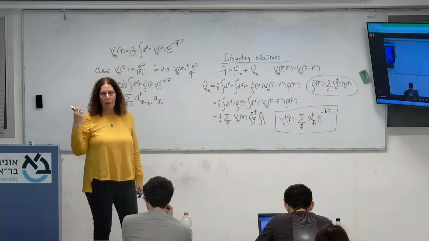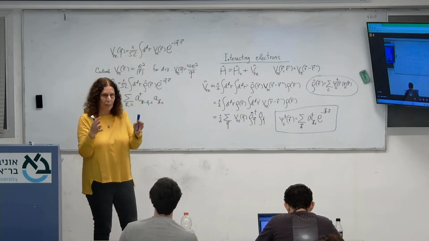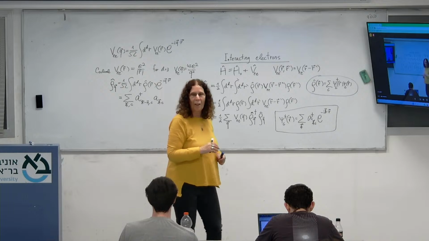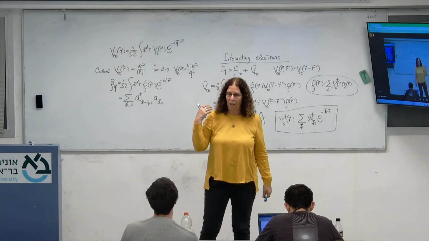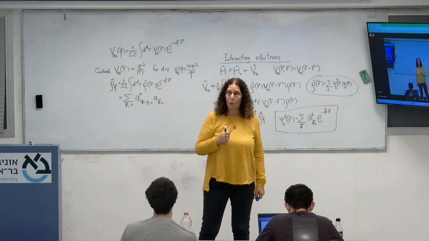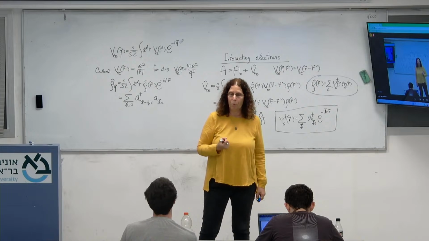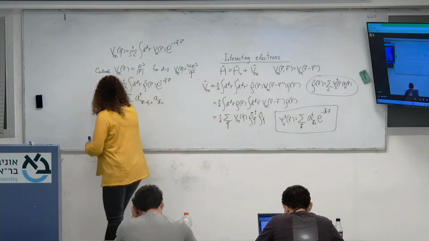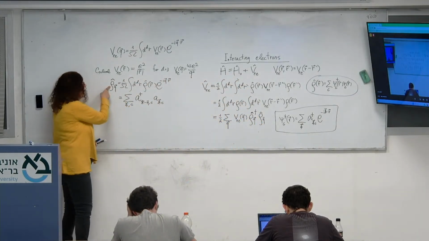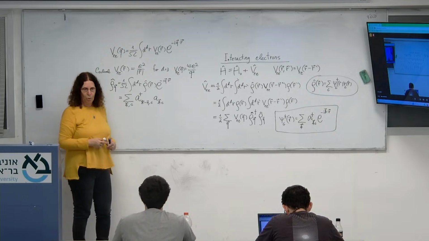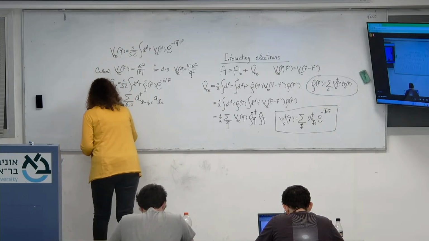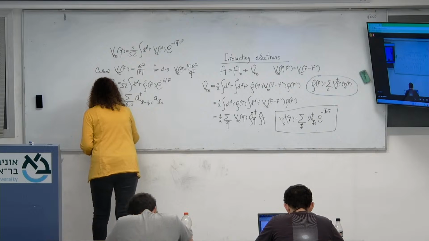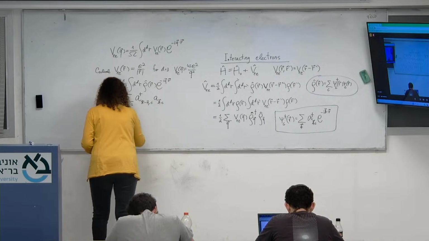When you have an operator or a field, it doesn't matter, even if it's a classical field, that is Hermitian in real space, in momentum space the Fourier components obey that the dagger of rho q is rho of minus q. Okay? So rho q dagger is just rho of minus q.